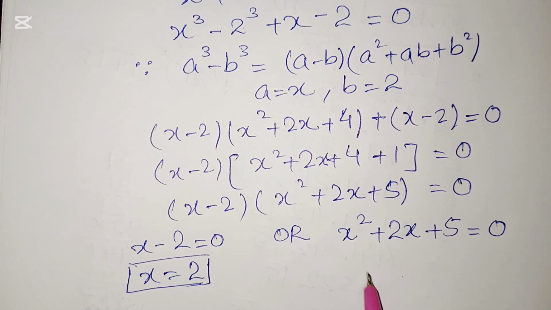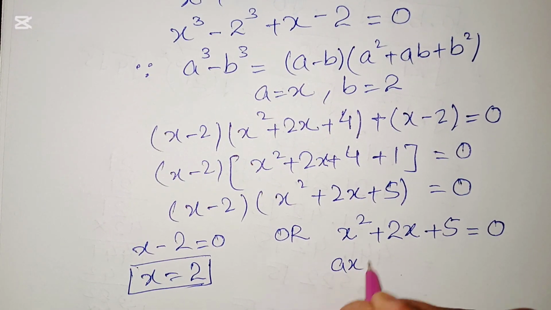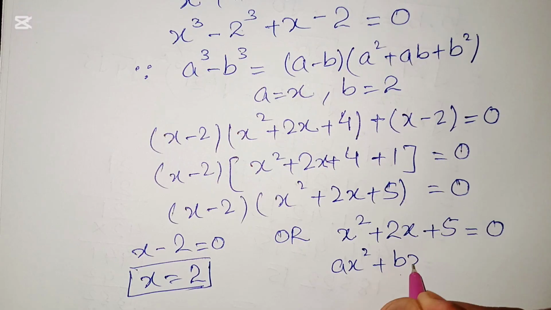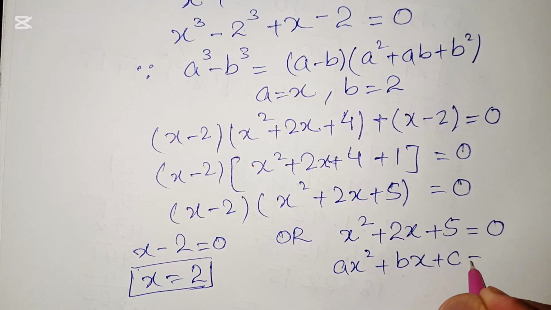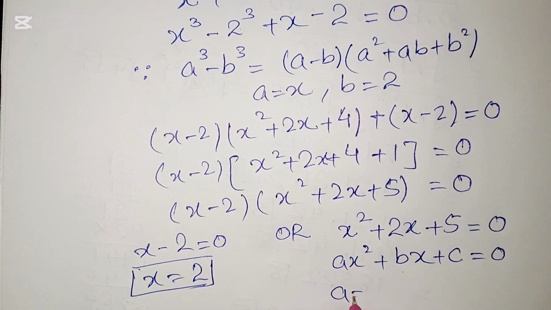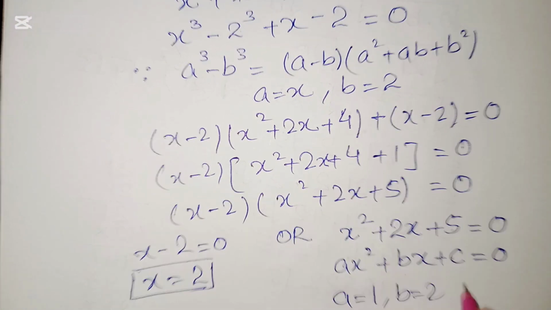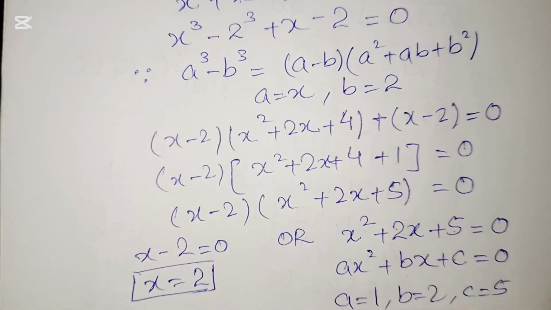Now this is a quadratic equation. We know the quadratic equation ax square plus bx plus c is equal to 0. So a equals 1, b equals 2 and c equals 5.